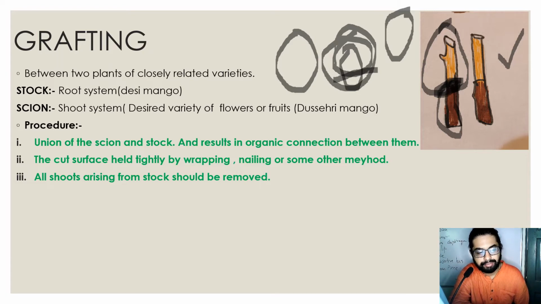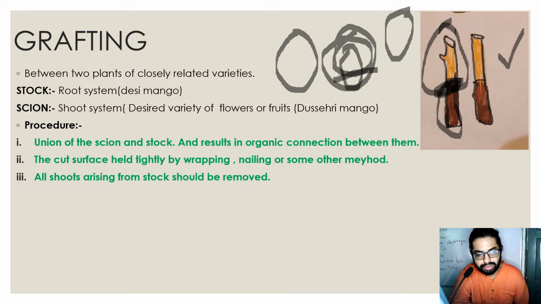Here the union of the scion and the stalk results in an organic connection between them after some time, and the cut surfaces are held tightly, as I mentioned, by wrapping, nailing or some other method. All shoots arising from the stalk should be removed.